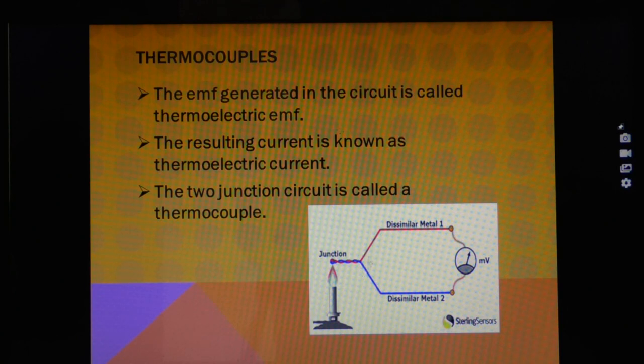You can see here two dissimilar metals. One is metal 1, other is metal 2. One is a red wire, other is a blue wire.